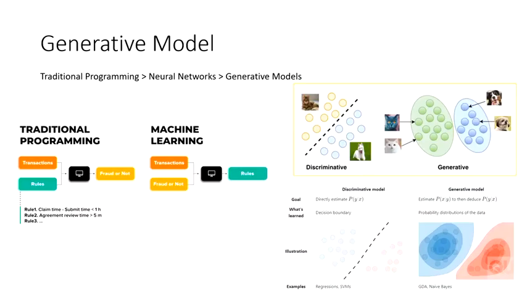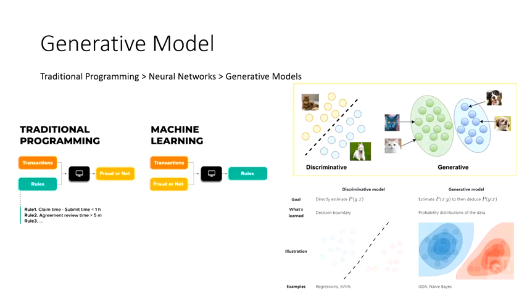So here I'm trying to explain in a very layman and very simple way how traditional machine learning, deep learning, and large language models work. In traditional programming, we give some, say, transactions, and we want to know whether it is a legitimate transaction or not. So we need to define some rules.